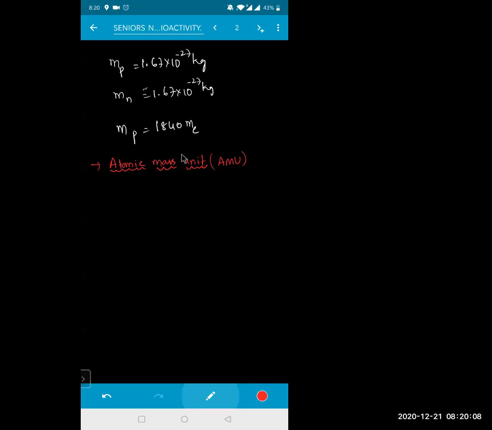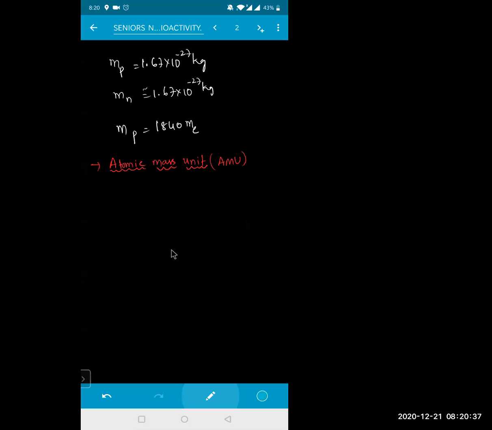The unit used in describing nuclear masses is called the AMU, beta. One AMU is how much, beta? You already know this from chemistry. One AMU is 1/12 of the mass of a neutral carbon atom in its lowest energy state, which contains 6 protons, 6 neutrons, and 6 electrons.